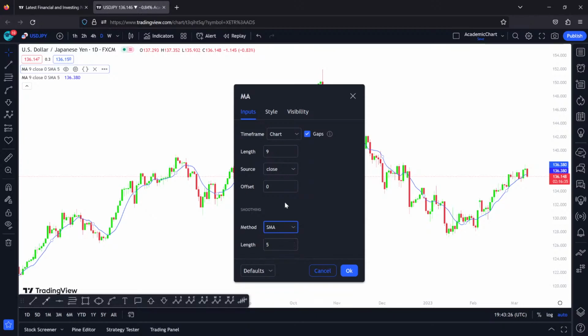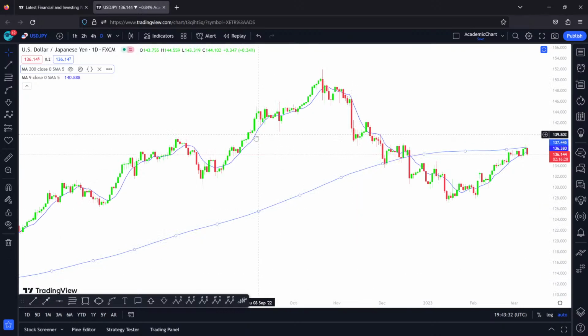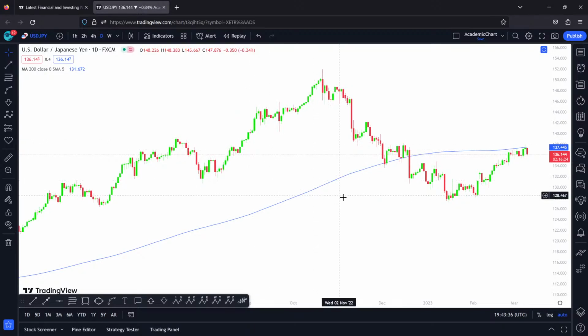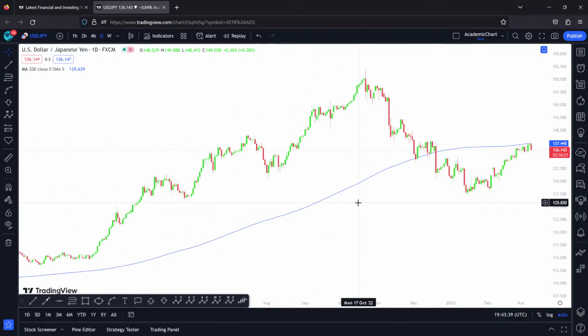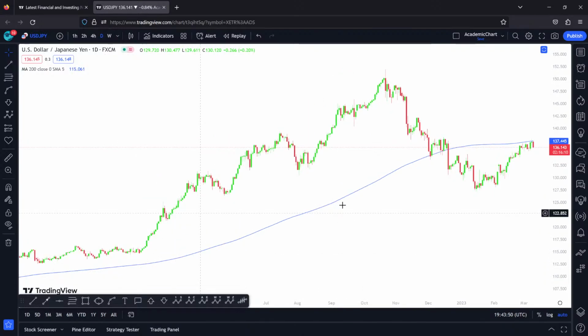But simple moving average with a length of 200, for technical analysis, guys, is sometimes an important indicator. And how technical analysts utilize this is that they say if the price is above this 200 moving average, and simply, what is this line exactly?